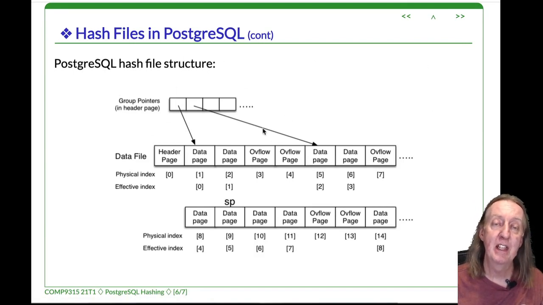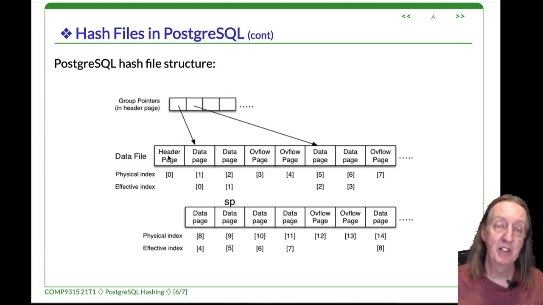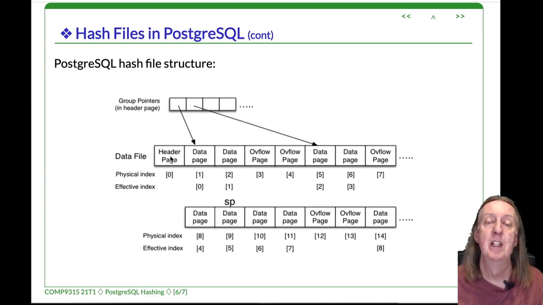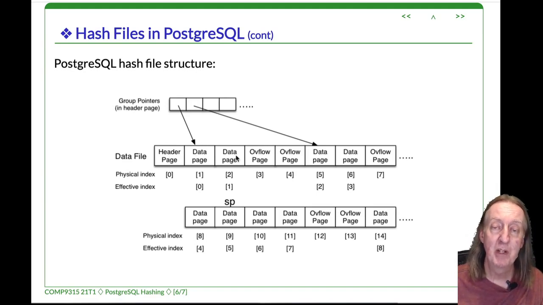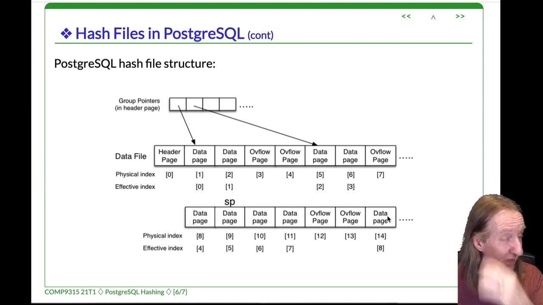So this is the header page, or at least part of the header page, and here's the main file consisting of pages. The first page is the header page itself, so this is actually part of this. Then we have 2 data pages, some overflow pages, 2 more data pages, 1 overflow page, 4 more data pages, overflow pages, and so on.